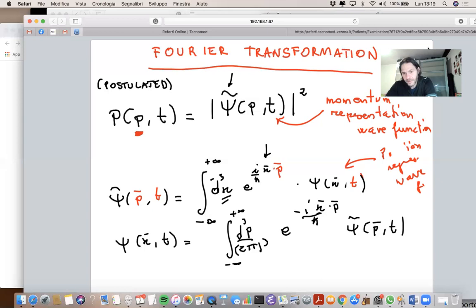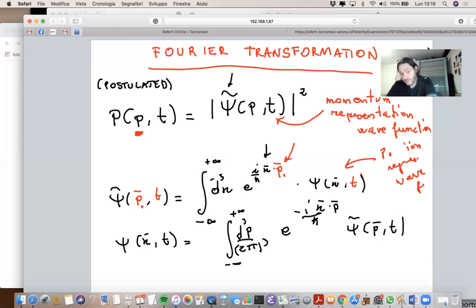I'll come in a minute to motivate why this specific mathematical formulation is the one that we need. So if you know the wave function in position representation, say because you have solved the Schrödinger equation, then you can get the wave function in momentum representation by evaluating this integral. If you're interested in a specific value of p, say p naught, then you evaluate this integral putting p naught right here in the phase.